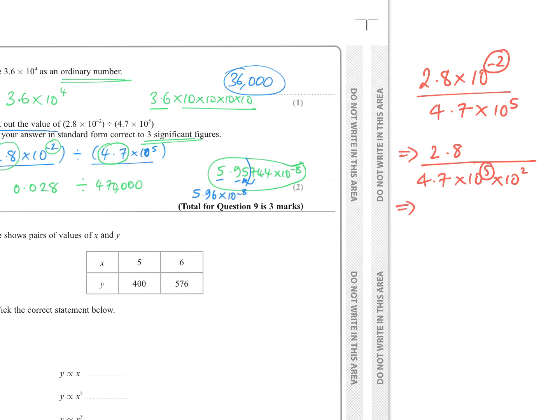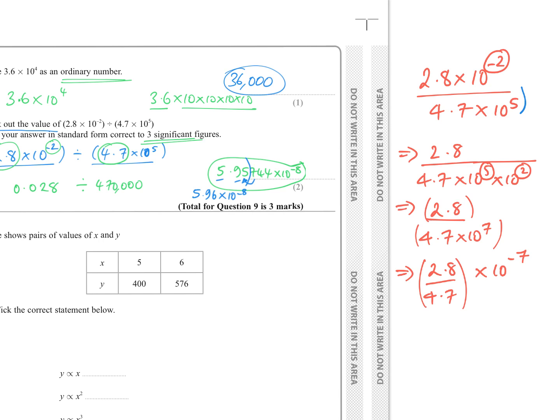Use the rules of indices here, and you'd have 2.8 divided by 4.7 times 10 to the 7. Now you can either do 2.8 divided by 4.7 times 10 to the 7, or you can do 2.8 divided by 4.7 and then times it by 10 to the minus 7. So what you could have done was bring this up to start with here and call it 10 to the minus 5. That's really up to you, whichever your preference is.